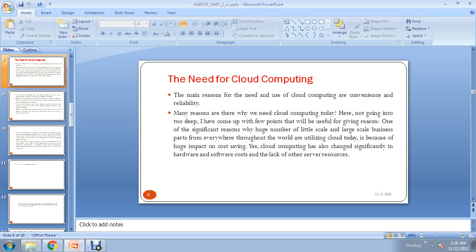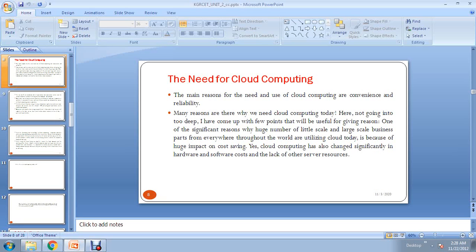So in this case, you need to utilize cloud computing.